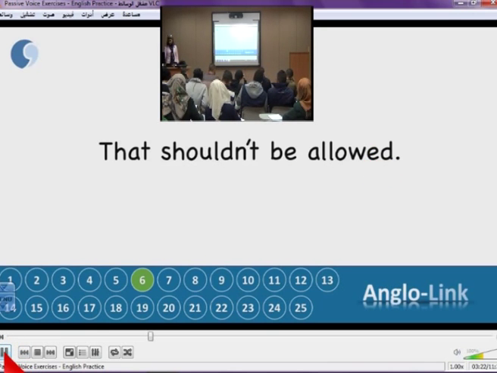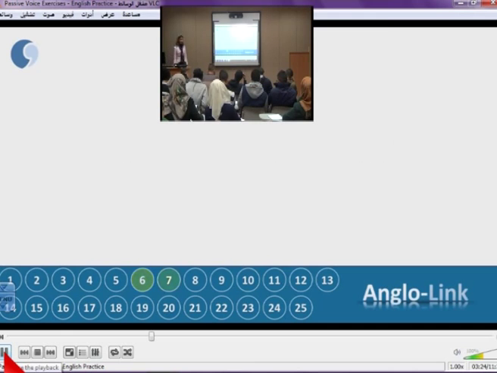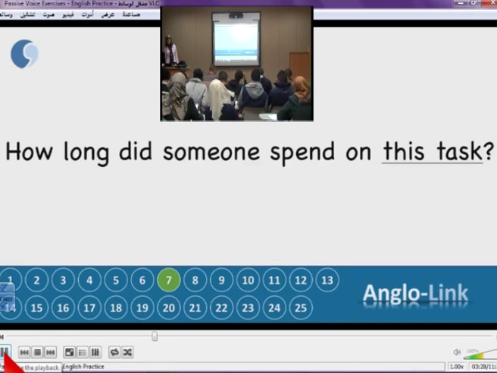Let's see the next, number 7. How long did someone spend on this task? This is a question, so keep it in mind. If it's a question, we should keep it as a question. If it is in the present, keep it in the present. Past, past. Perfect, perfect. So what are you going to do?